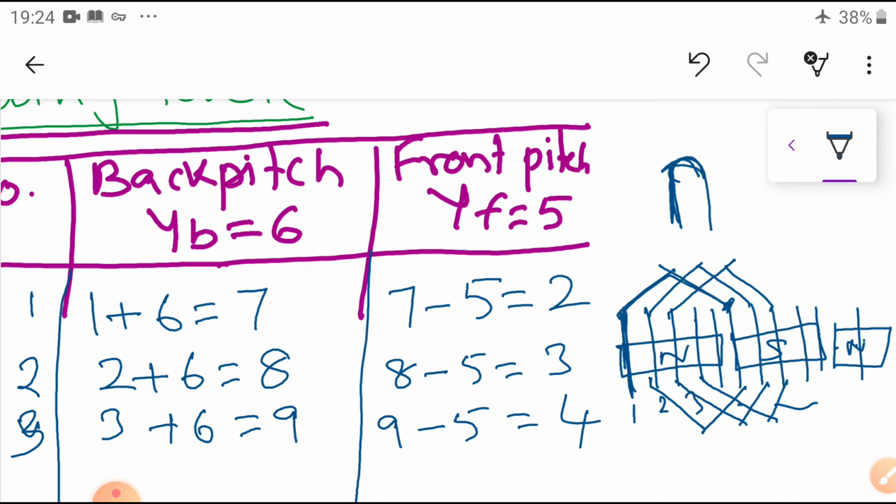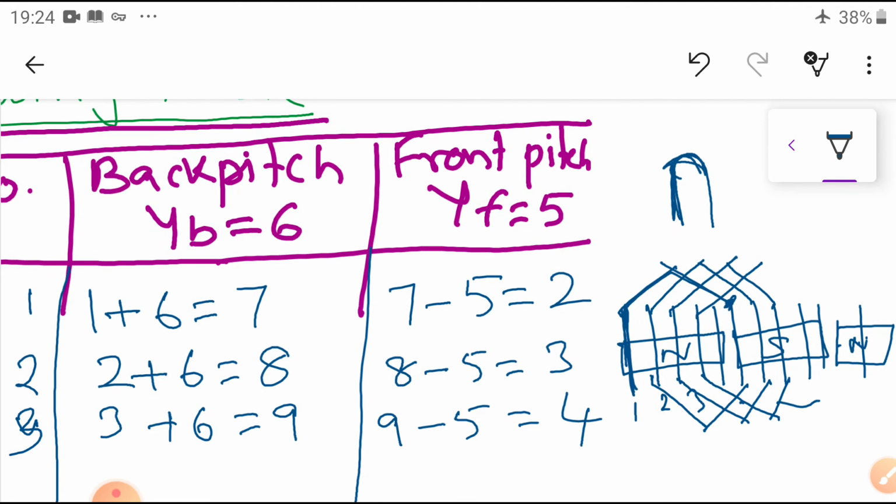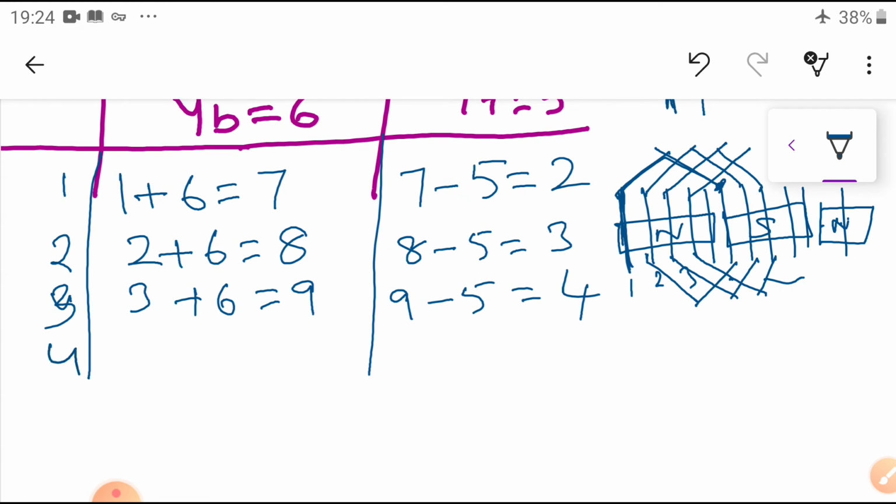The fourth should be connected where? 4 plus 6 is equal to the 10th conductor. So you connect the 10th conductor. The 10th should be connected where? 10 minus 5 is equal to the 5th conductor. So you connect the 5th conductor here. Okay, so the 5th should be connected.